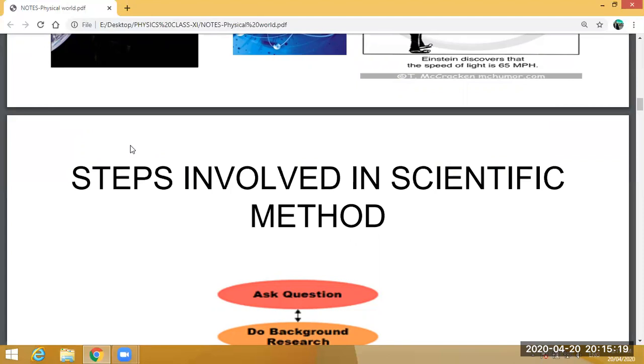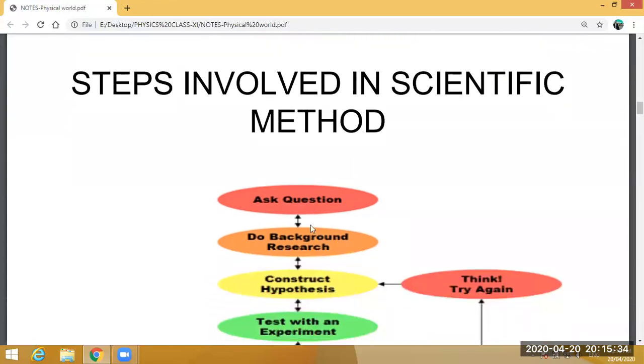So the first thing is to observe anything and then question: how, why, which, when. And try to ponder about the answer to that question. So, the first step to think about scientifically is to question yourself about any natural phenomenon.